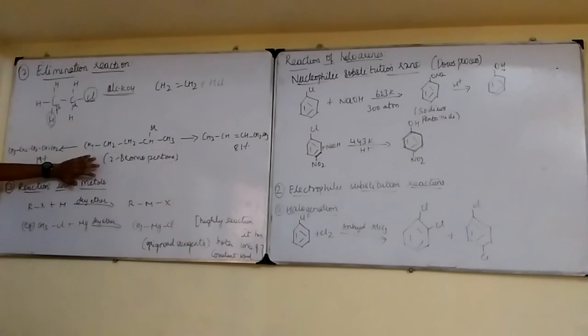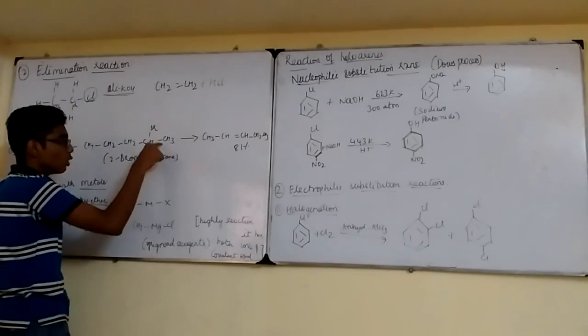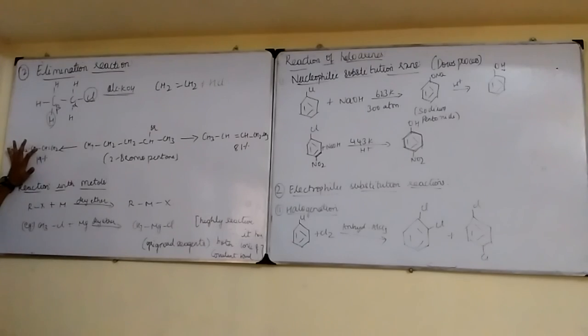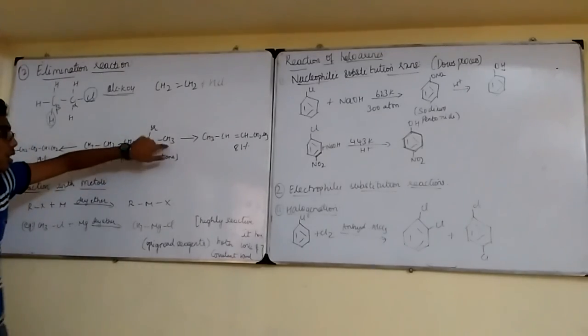Now, what will happen is this: when you consider this as the beta carbon, one hydrogen will go and this bromine will go, resulting in the formation of CH double bond CH2. So, the double bond will be in the first position when you consider this as the beta carbon.